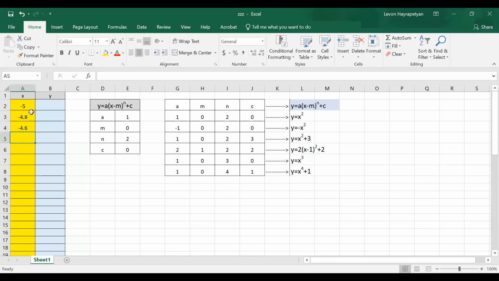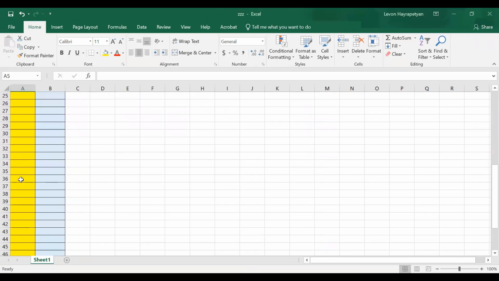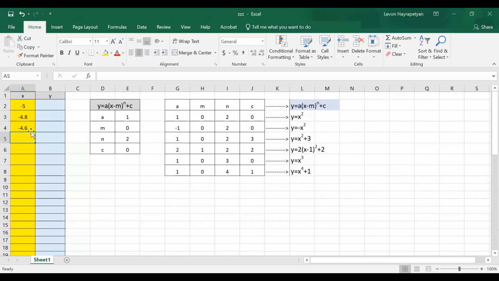And so on. Now, that does not mean that I'm going to enter all these numbers one number at a time separately. We will use a nice feature of Excel. When I select these two numbers, Excel already figures out the relationship between them.